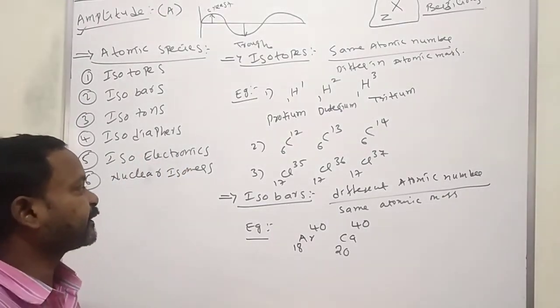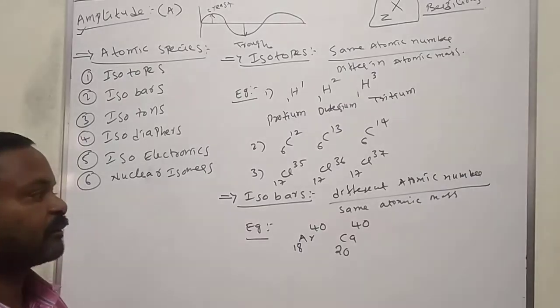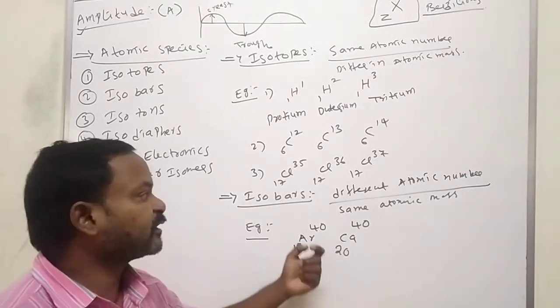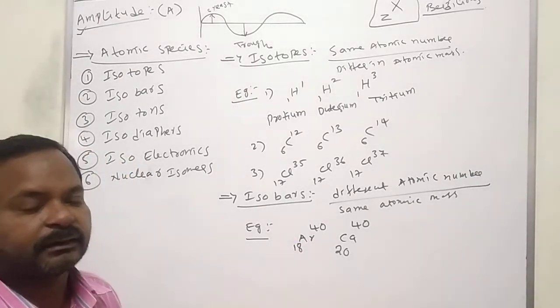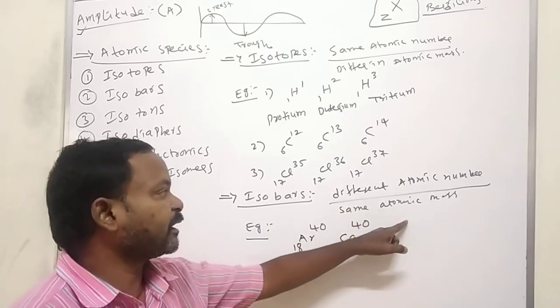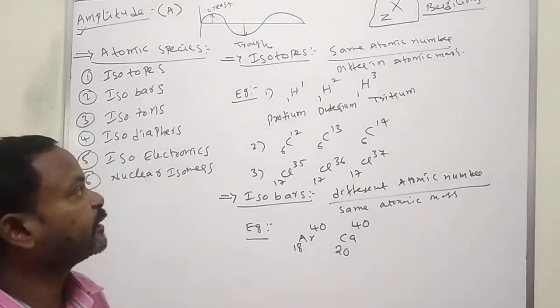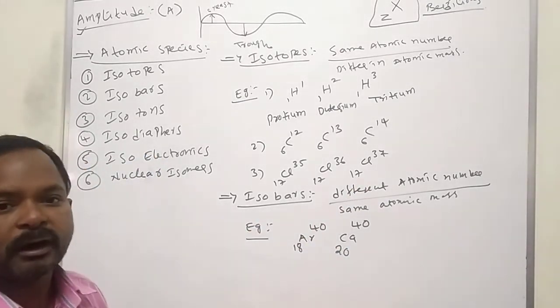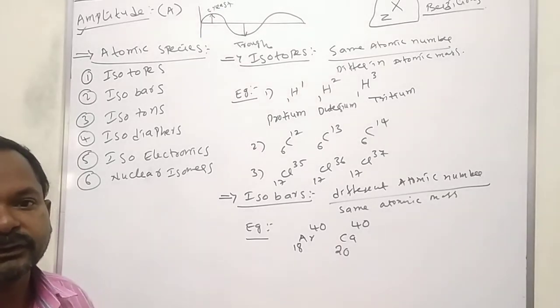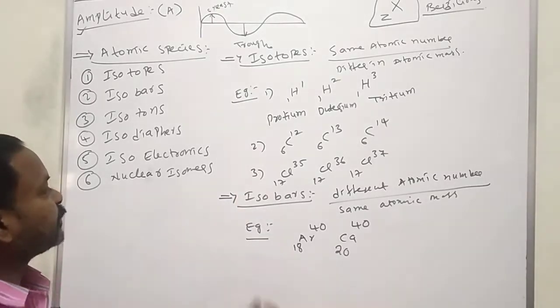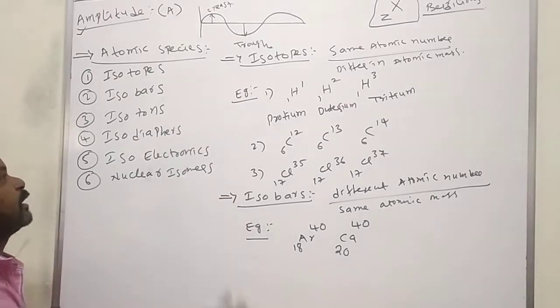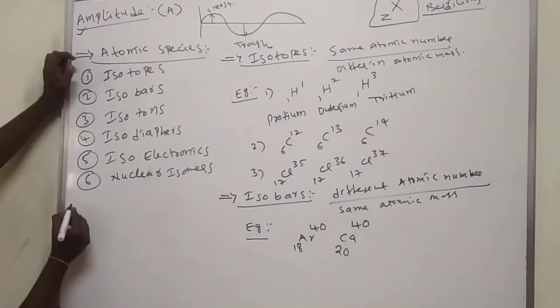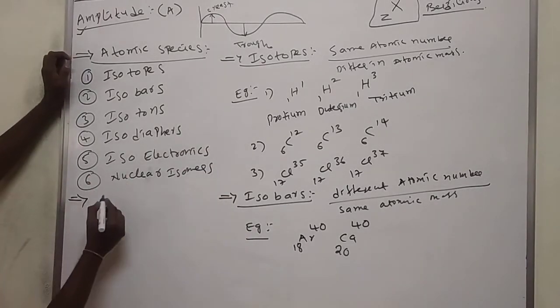This is the best example for isobars. What are isobars? The atomic species which have the same atomic mass but different atomic number are called isobars. This is about the isobars, that was about the isotopes. Next, in continuation, we'll see the isotones.